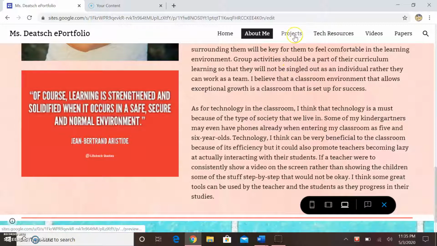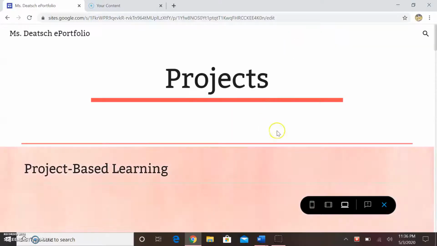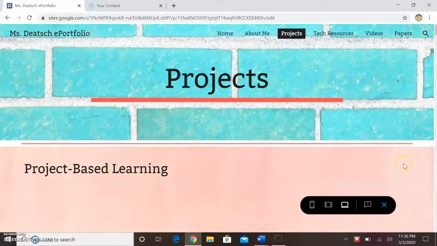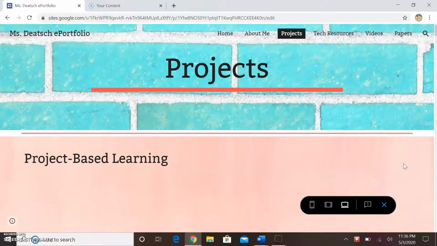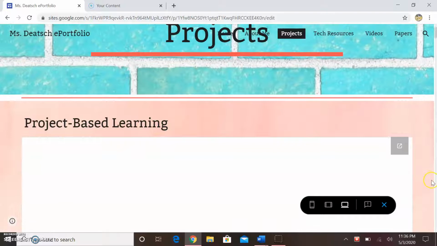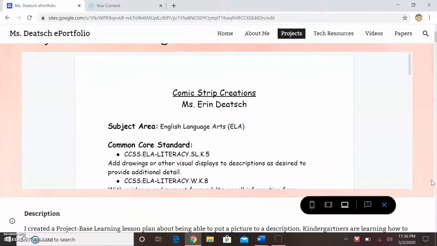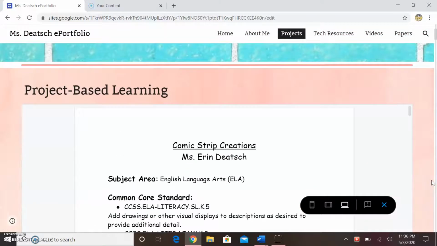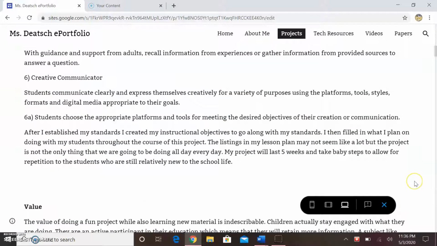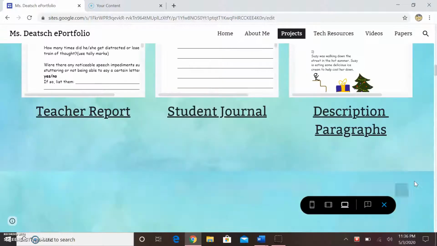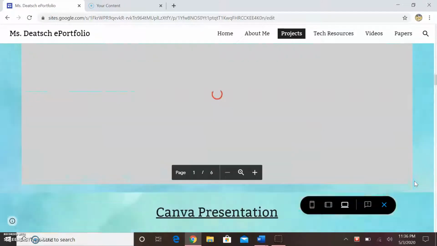So as I said, I've got multiple tabs. We're going to go to my projects tab and take a look at what I have there. So I've got lots of projects that I've completed over the course of my time in Emporia State University. I have a unit project-based learning, and I actually completed that unit from a teacher's perspective and a student perspective.